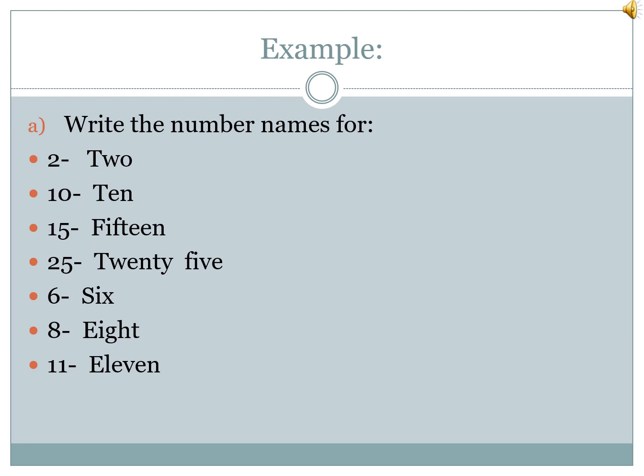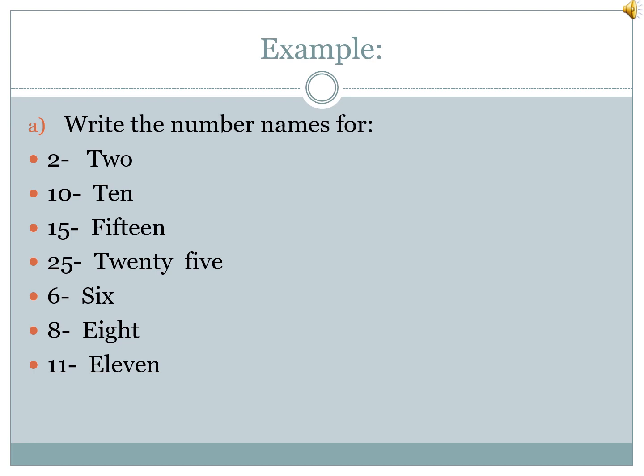First is 2. The answer is T-W-O, 2. Second question is 10. Answer is T-E-N, 10. Third question is 15. Answer is F-I-F-T-E-E-N, 15. Fourth question is 25.